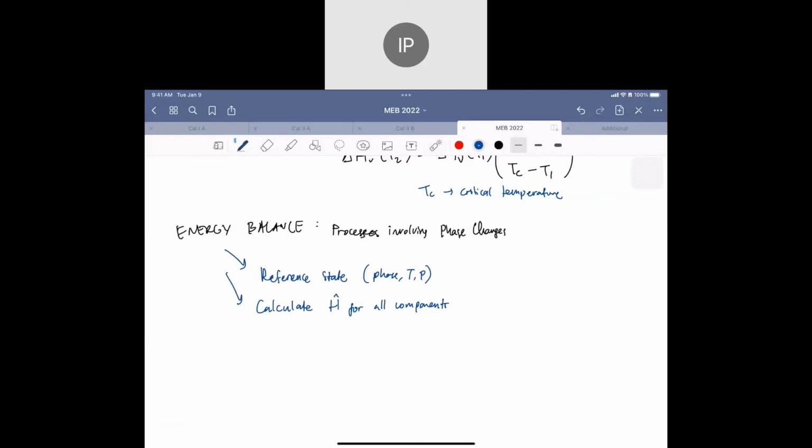And then if a substance, for example, is in the liquid phase at its reference state, meaning the temperature and pressure, you already chose some reference state, and it becomes vapor in the process stream.